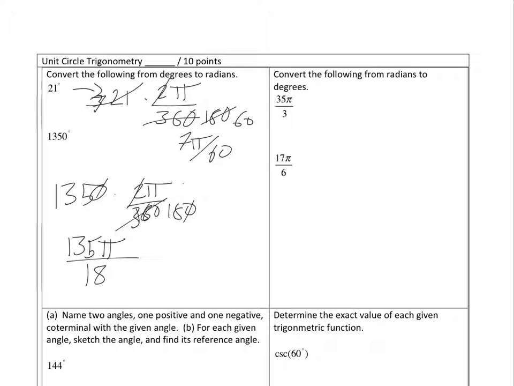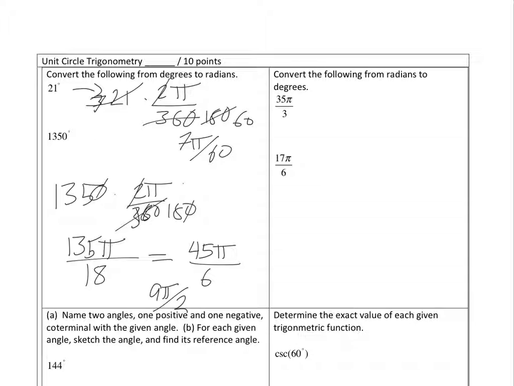And then looking at this, I'm going to try to divide this further. If I try to divide by 3, we end up getting 45, and on the bottom we get 6. I can divide that by another 3, and I get 9 pi over 2.